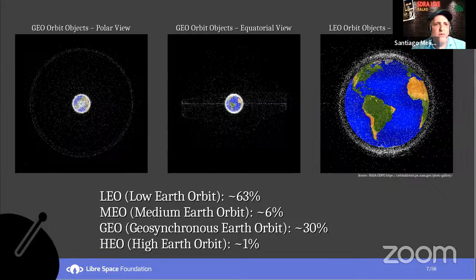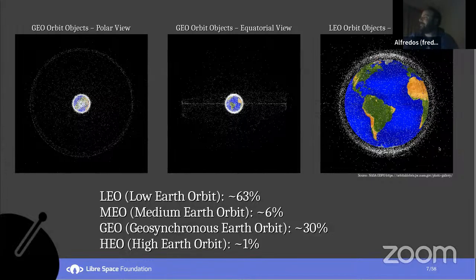One question, Freddy: in the photograph, each white dot is a satellite? It's an object, yes. Wow, it's an object track. Actually it's not that size, but you get the point of how many satellites are there.